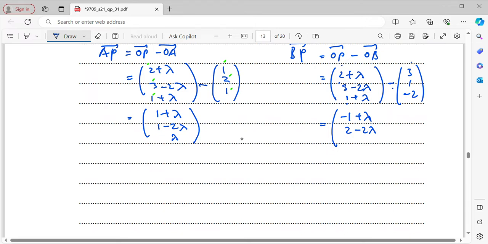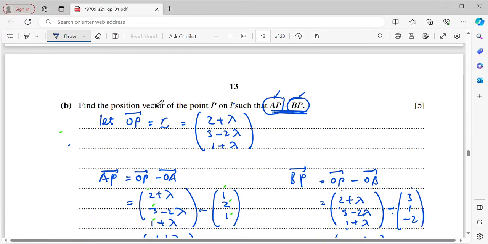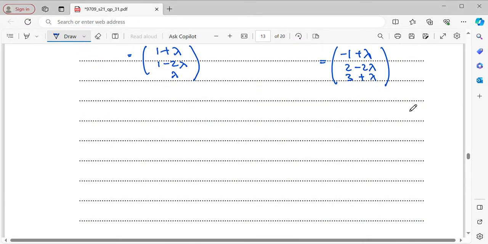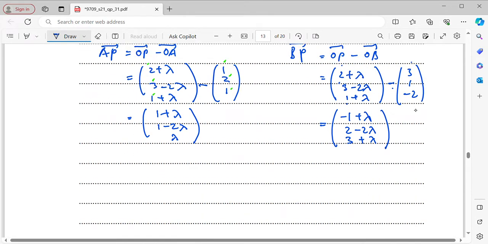Lastly, 1 minus minus 2 is 3. Then now you need to find the position vector of point P. So instead of using the length first, now I will just equate the vectors first. So I will consider the vector first.